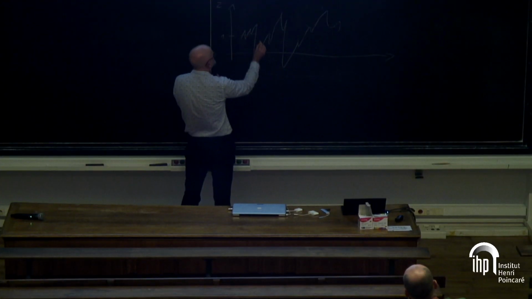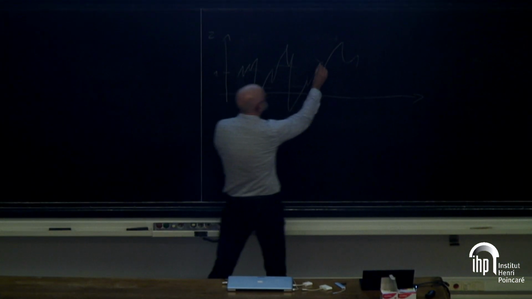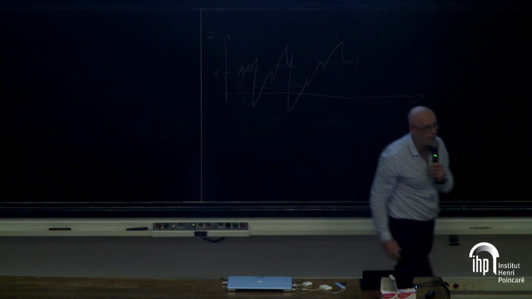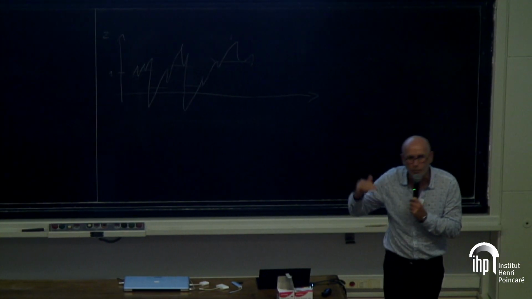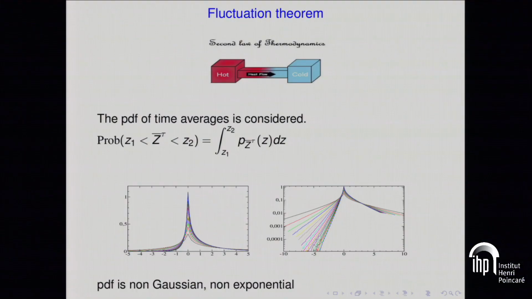You take an average here, here, and here, and the average fluctuates, but it has less and less chance of having negative values or extreme values, especially negative values. The PDF is given here, and the log plot of the PDF is given here.